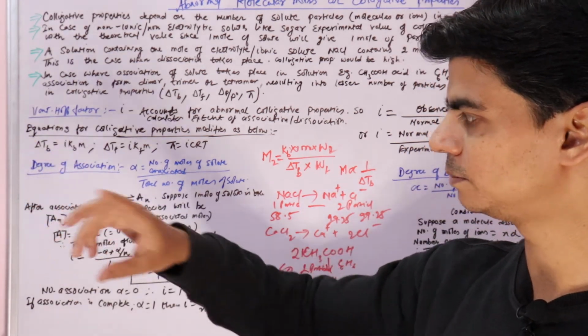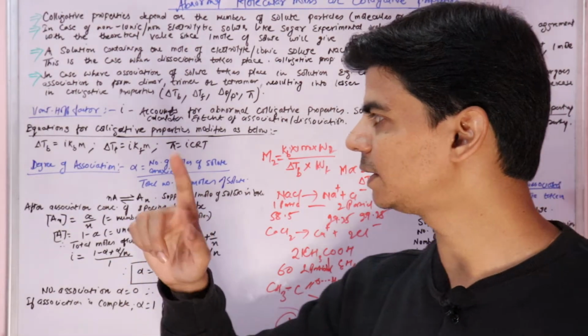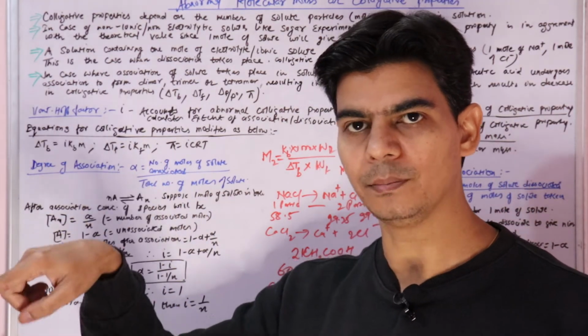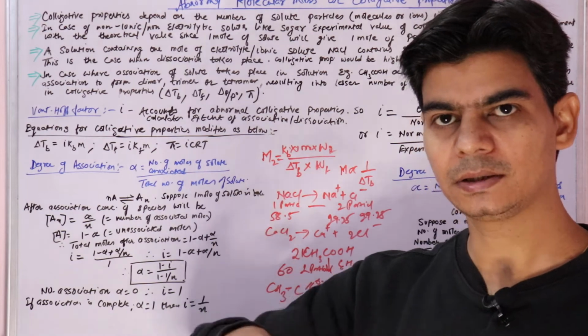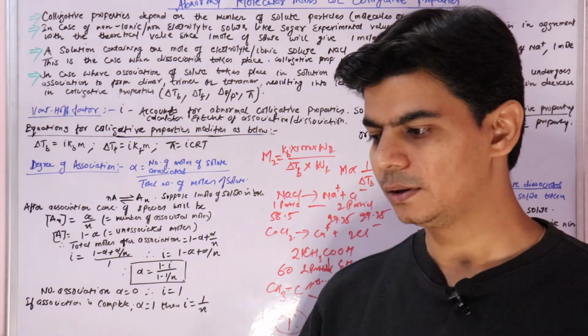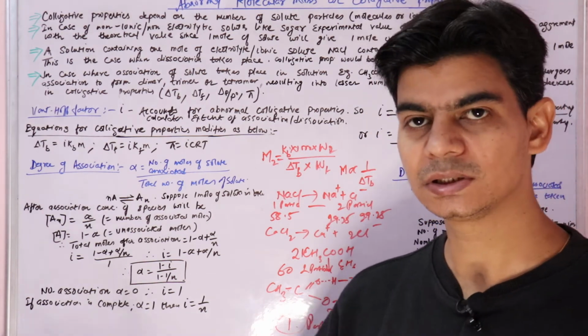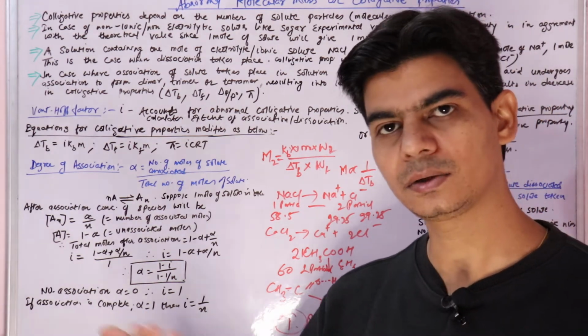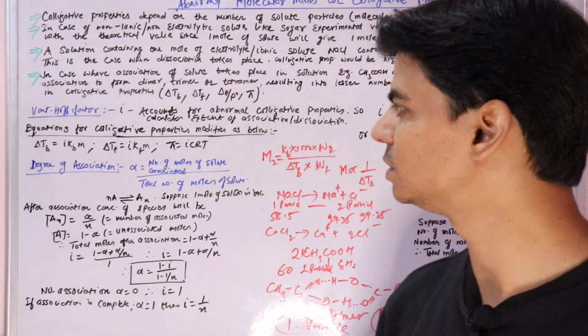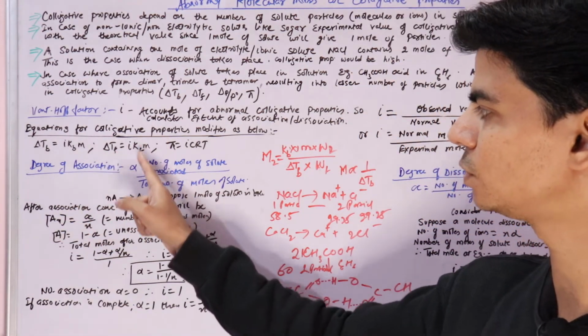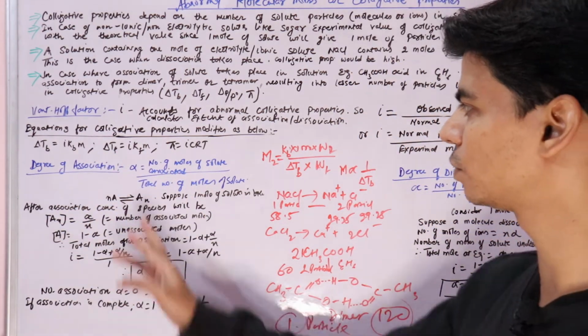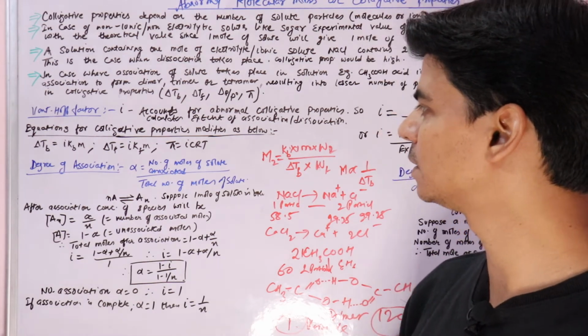We know that elevation in boiling point was delta Tb equals Kb m, and we said that the elevation in boiling point is directly proportional to the concentration of solute, which is the molality. It's directly related to the molality of solution. Similarly, depression in freezing point is also directly related to molality or concentration of solute, right?